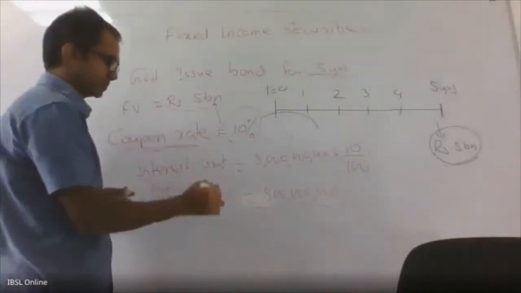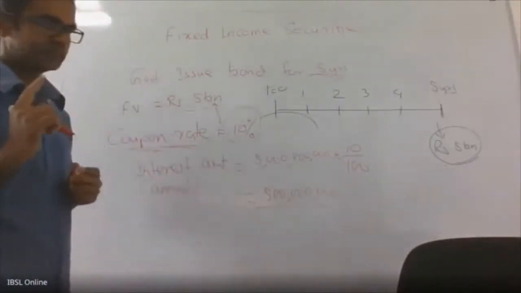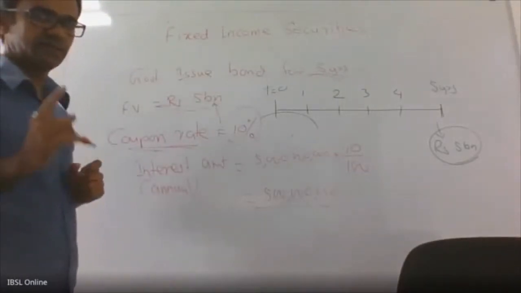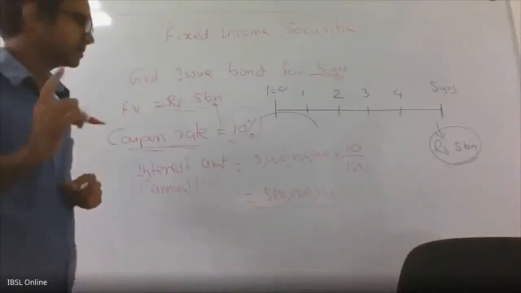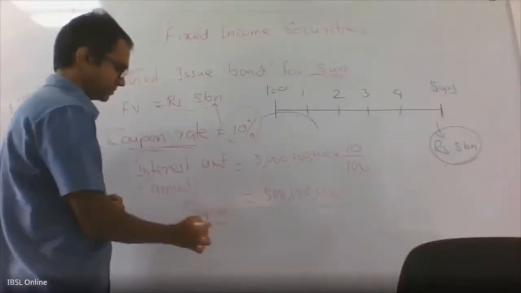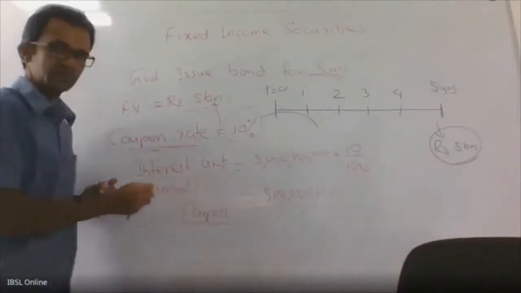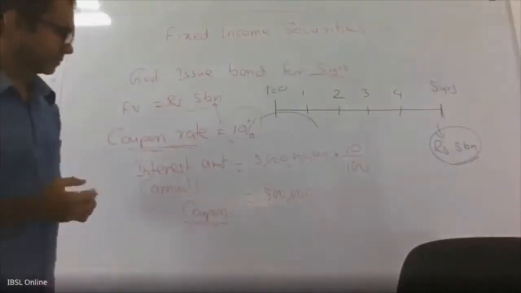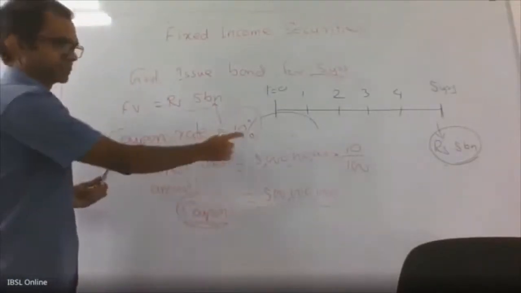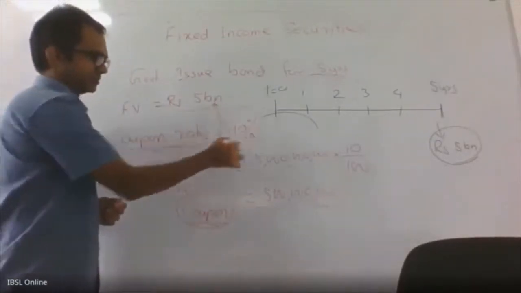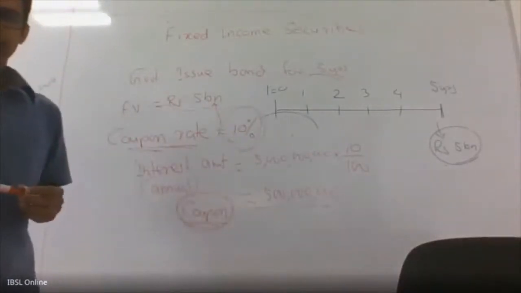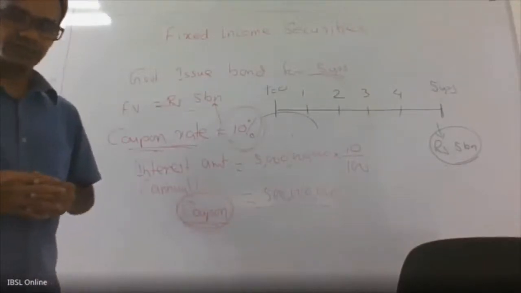The interest amount paid at one period. Remember, I didn't say in 1 year, but in one period, we call it coupon. The amount of interest paid in a single period, we call it the coupon. Coupon rate is the interest rate. It is annual, and the coupon is the amount the borrower pays as interest in a single period.